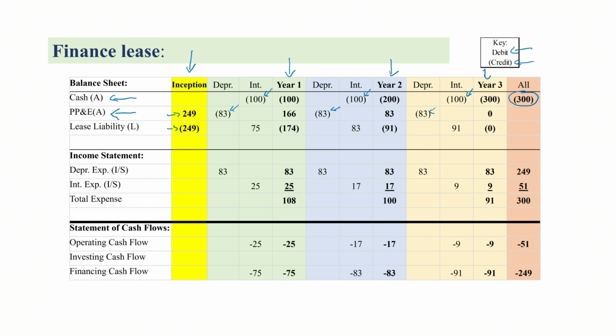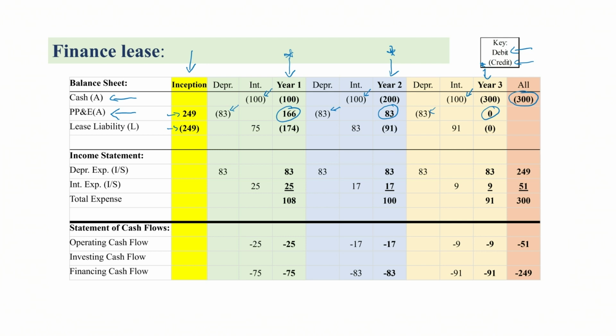After year 1, the asset decreased by $83 and now it's at $166. At year 2, it decreased by another $83 and now it's only worth $83. And after the third year, it decreased the final $83 and it's now depreciated to 0. So that asset straight line depreciated to 0.